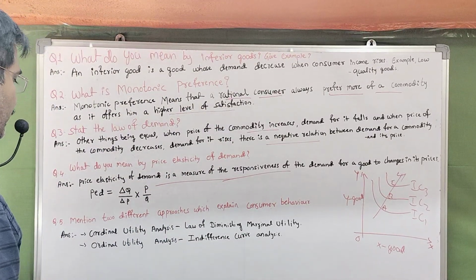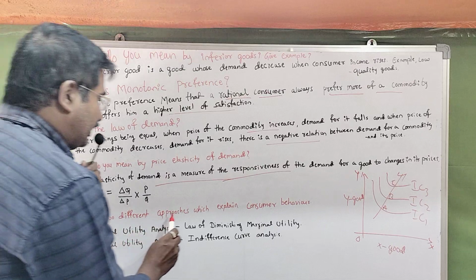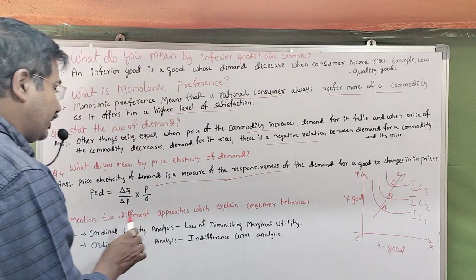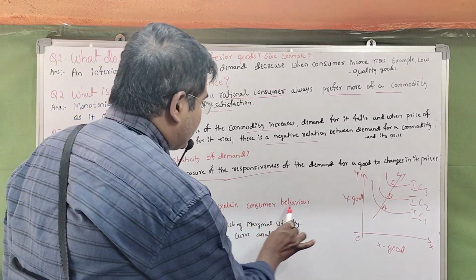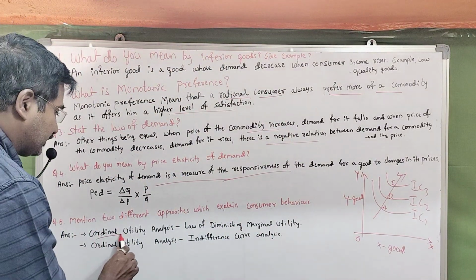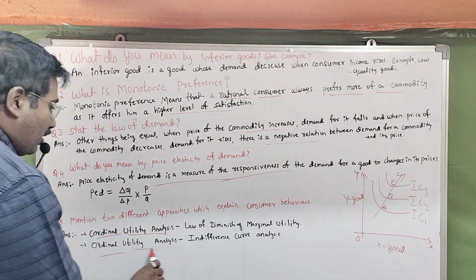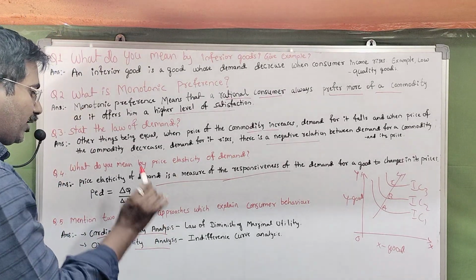Then the last most important question of this chapter: mention the two different approaches which explain consumer behavior. There are two approaches: the cardinal utility approach or analysis, and the ordinal utility approach.